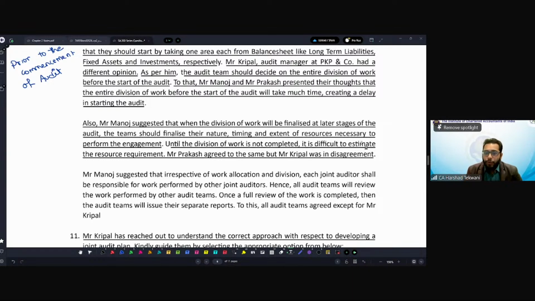When are they required to finalize the nature, timing and extent of resources required? Once everything gets finalized, or at the start of the audit? For the plan, we discussed prior to commencement of the audit. But what about nature, timing and extent of the resources required? Anyone?